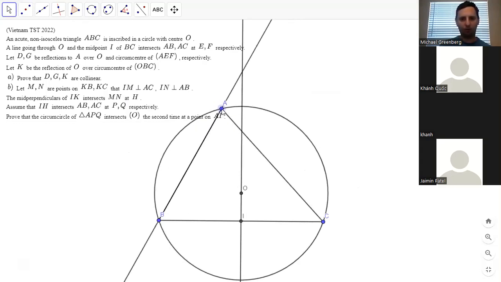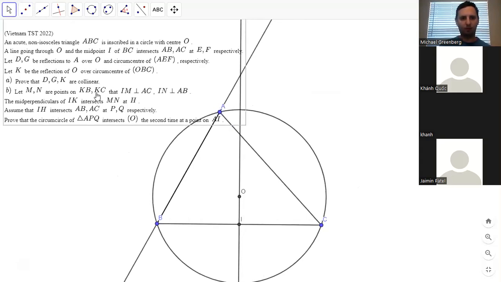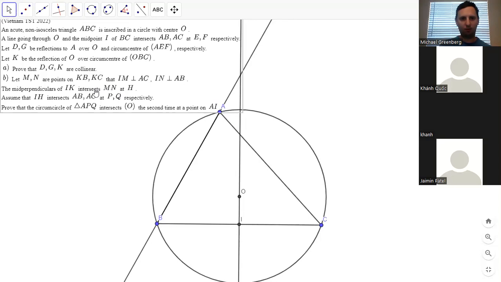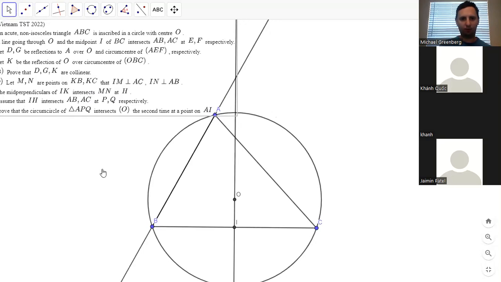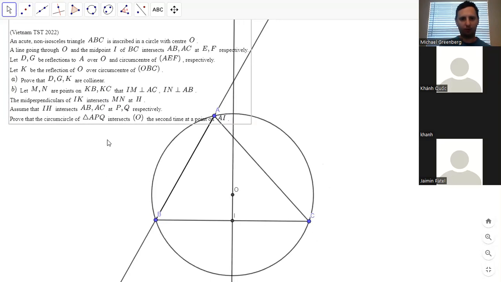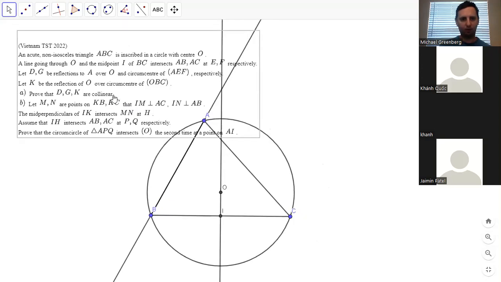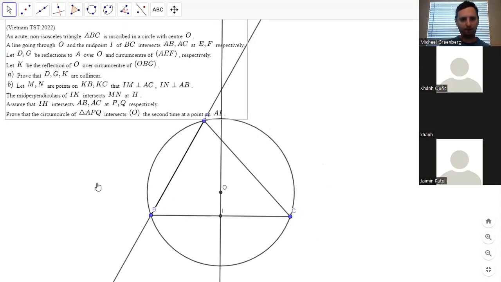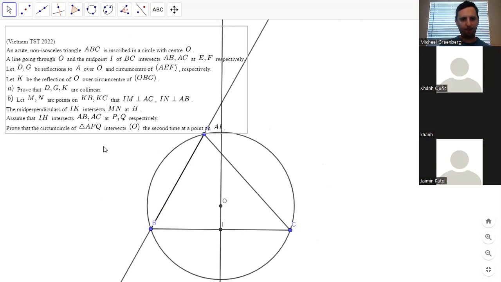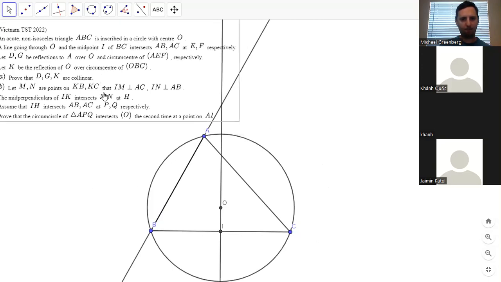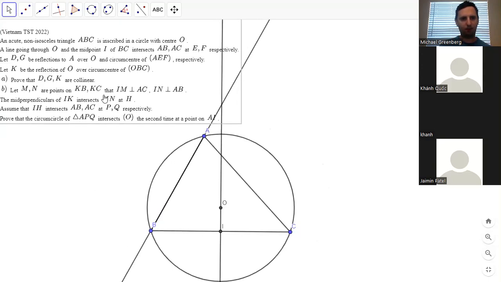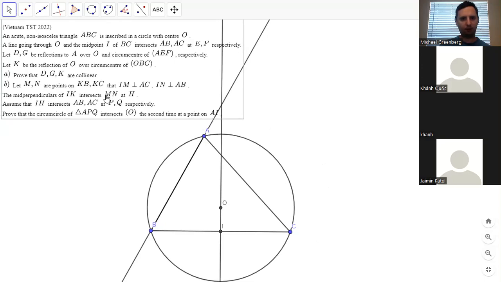How should I draw this? Let me shrink it just a little bit. I think that's good enough.